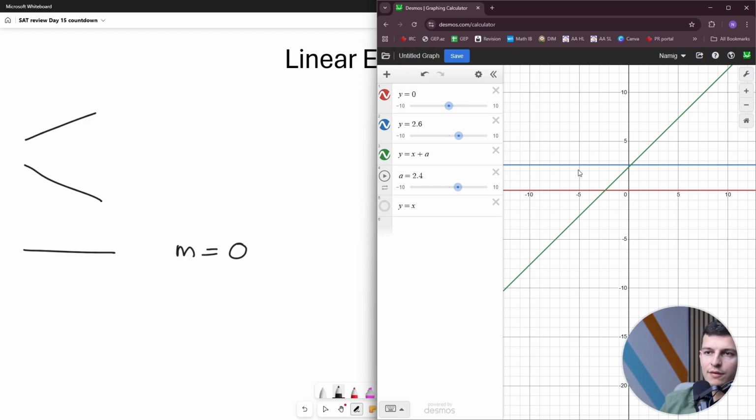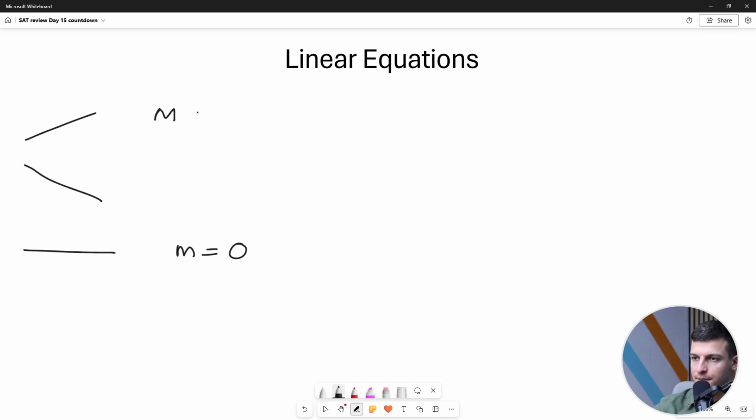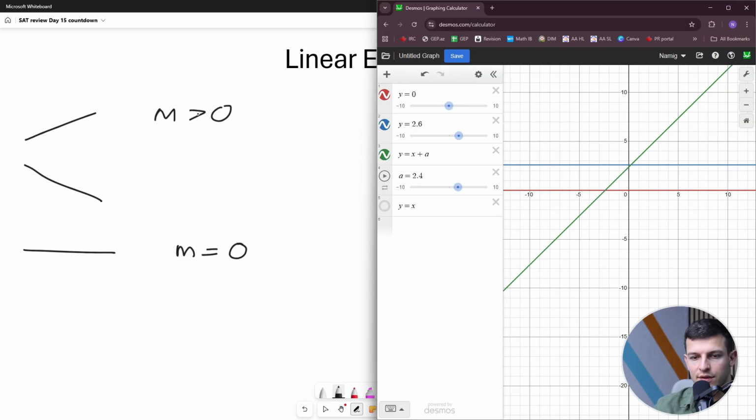We always look from negative side to positive side. When we're looking at graphs, we look from negative infinity to positive infinity. So it's an upward projection. This is when m is positive. When m is greater than 0, we have an upward projection.